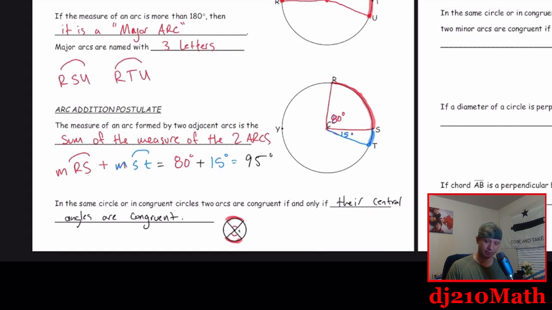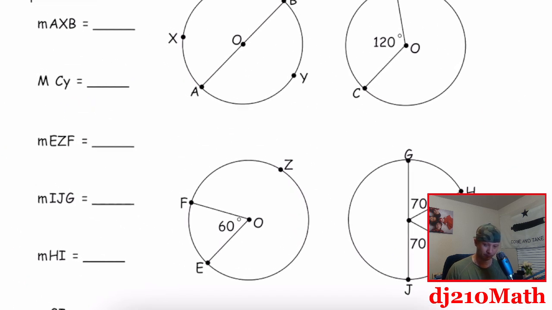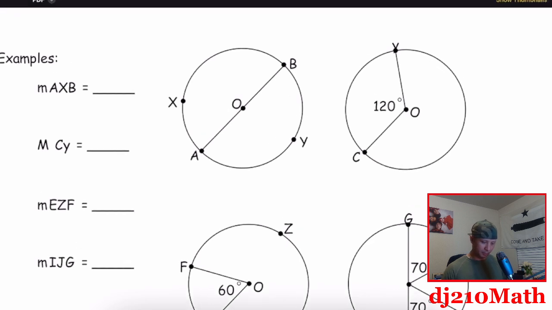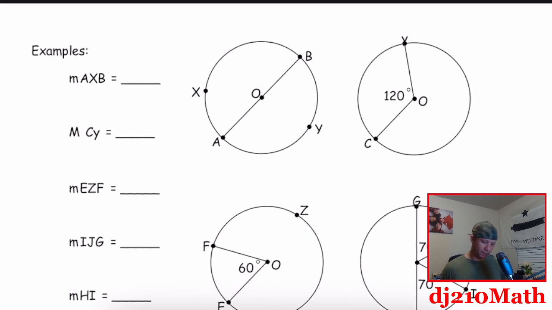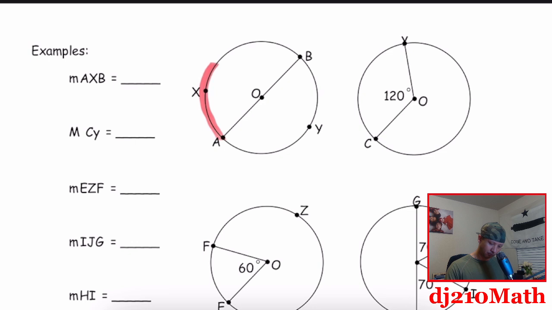All right, let's see some examples of the definitions, right? All right, first example. The measure of AXB. Well, it goes through the diameter, right? AB, the segment AB goes through the diameter, and our definition says that an arc whose endpoints go through the diameter, also on the ends of the diameter, then it's a semicircle.